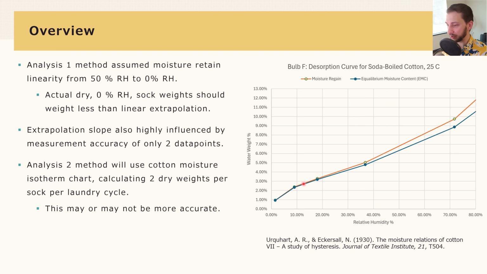In fact, I drew this red dotted line here as my estimate of what the linear would be. As you can see, it doesn't cut out all of the moisture. We should be getting a value that's lower. So let's go back to our data and use this chart instead.